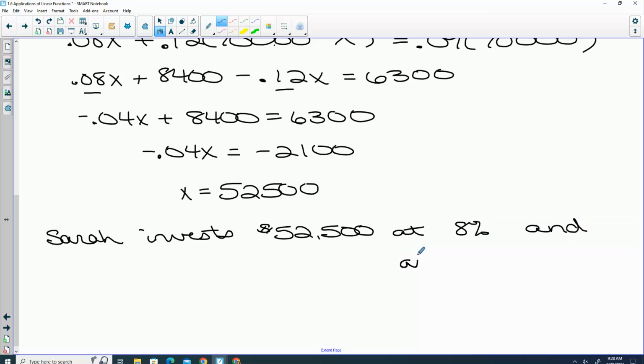And how do we find the amount at 12%? Look up to your table. Yep, 70,000 minus 52,500 is 17,500.